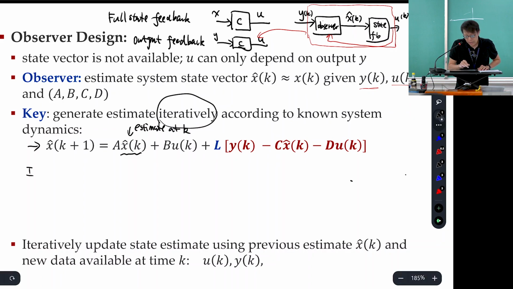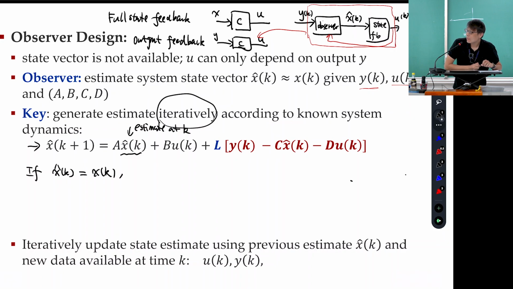So the update is of the following form. Let's first look at the simplest case: if x_k hat, my current estimate, is exactly x_k. You're lucky, your guess is exactly the system state. Then how do you update?